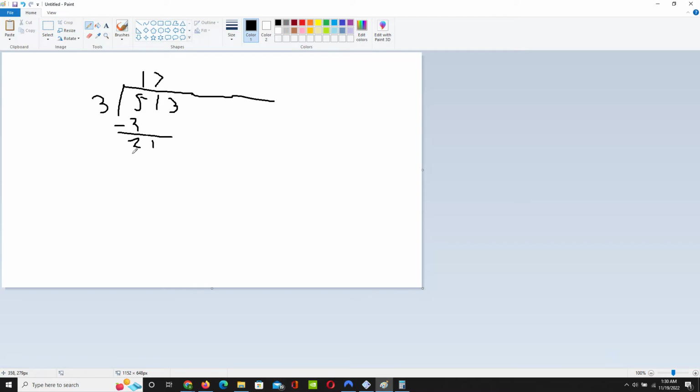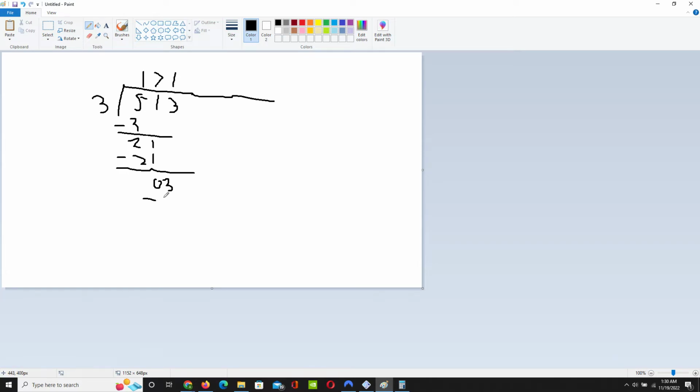Now remember, it might be kind of confusing, because it went into it perfectly, and now we're kind of confused what to do with the 0. It's the same process. We just bring down the 3, and we ask how many times can 3 go into 3? Once.